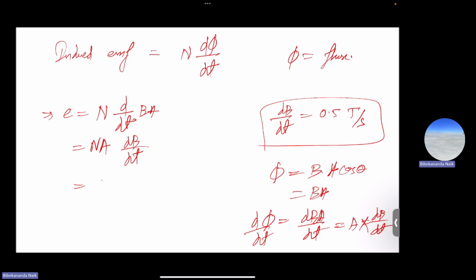So N is 100 into A is 20 centimeter square. In order to convert into SI units, we will convert it into meter, so it will be 20 into 10 to the power minus 4 into dB by dt. dB by dt is 0.5 Tesla per second. So this will be the value of induced EMF.